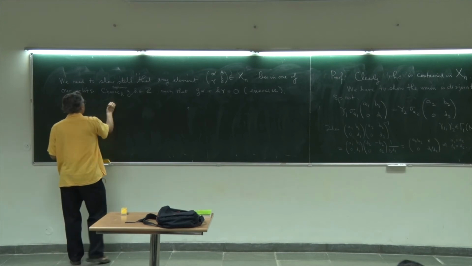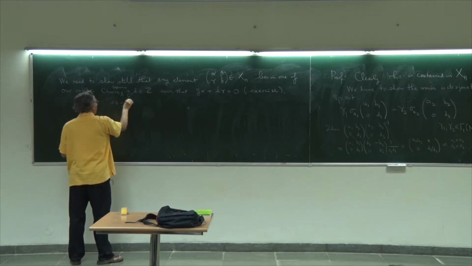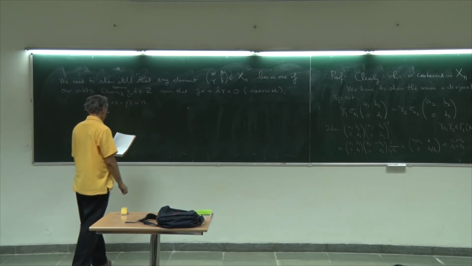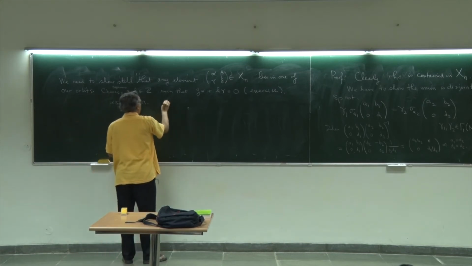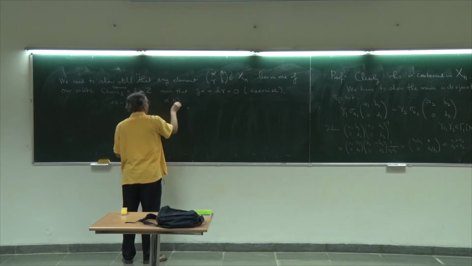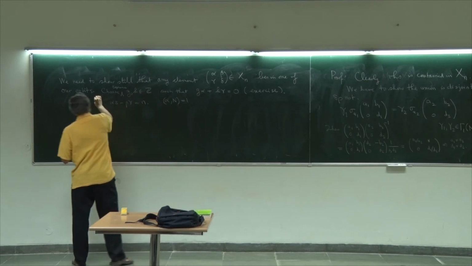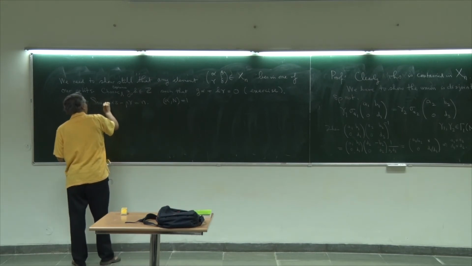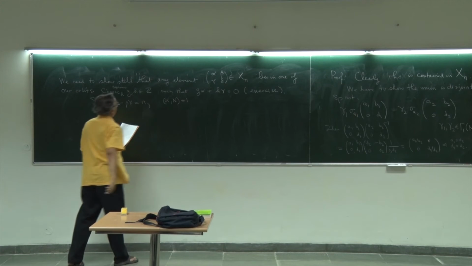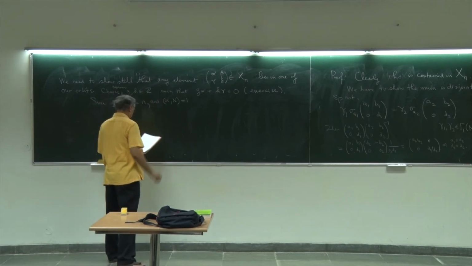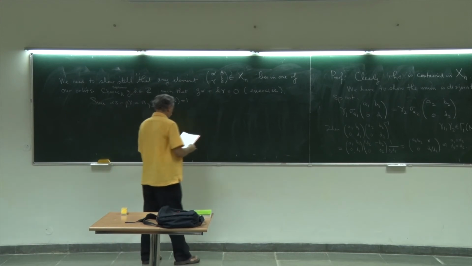Because alpha delta minus beta gamma is equal to n, and by our conditions alpha and capital N are relatively prime, so since this holds and this holds, there are integers.